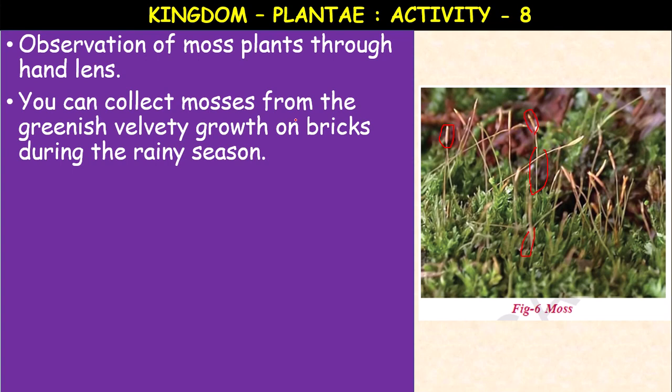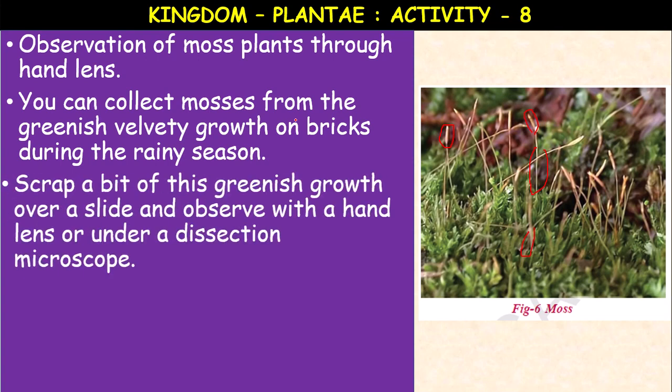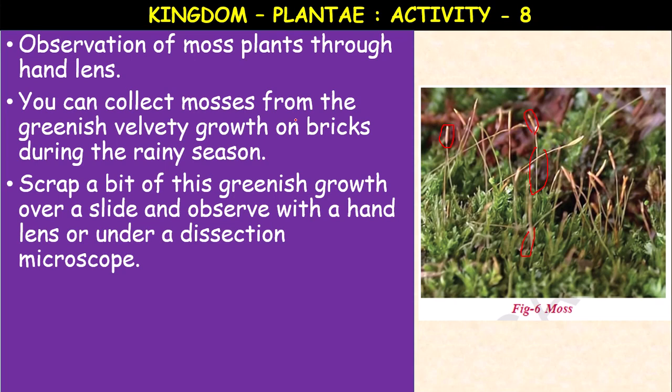Scrape a bit of this greenish growth over a slide and observe with a hand lens or under a microscope. Then you will find like this, you will see like this.